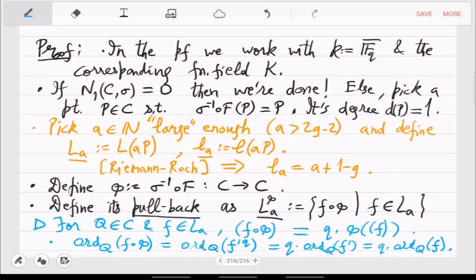Okay, so f composed with phi, the pullback, is a qth power, and so what is essentially happening is that the multiplicity is being blown up by Q. So overall the divisor also blows up by Q. Is that fine? Okay. Yeah, so this is a more abstract notation than that example, but it's basically coming from that example. You can compare this.